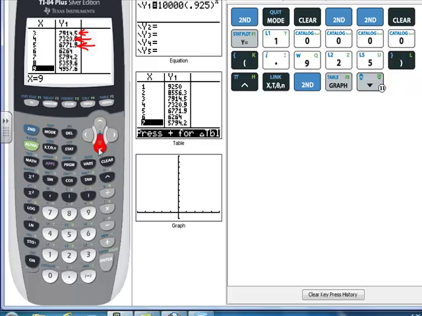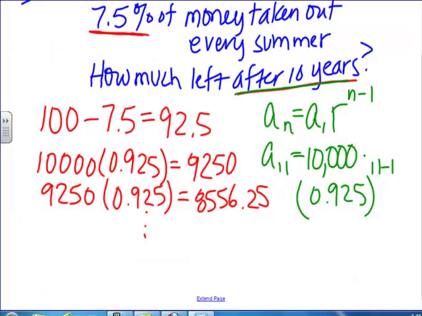So when I come down here to how much money I have after 10 years, or when I raise it to the 10th power. Remember, because my exponent is a 10, this would be my answer to how much money I actually have after I've made 10 withdrawals.